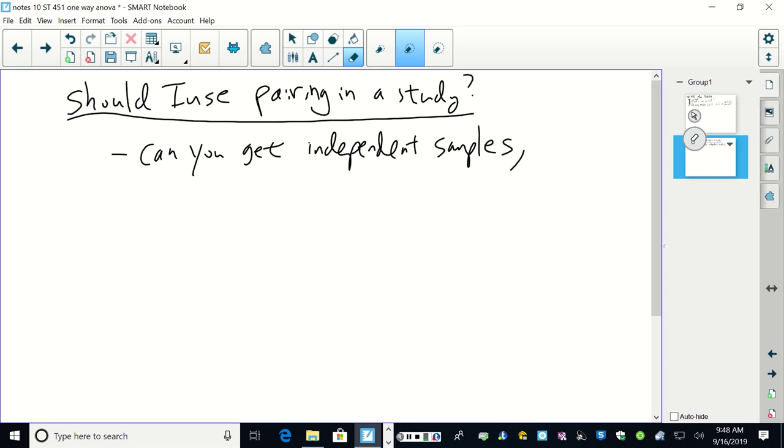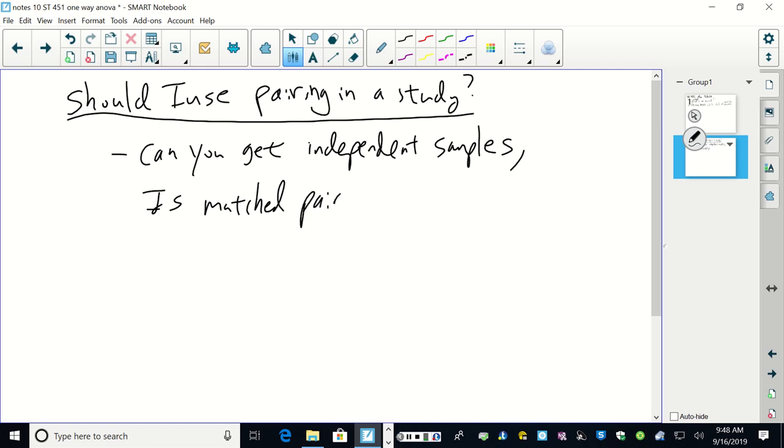Can you get two independent samples? Can you do pairing? Can you get independent samples?